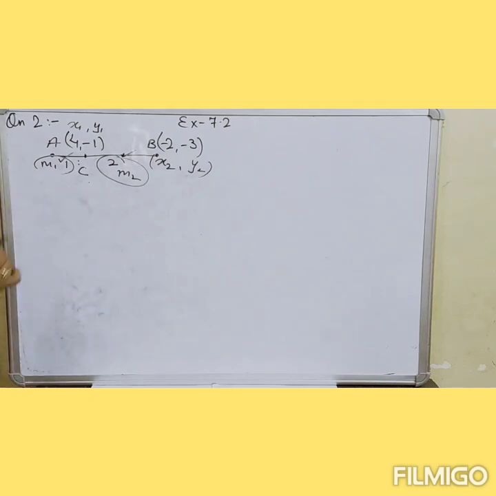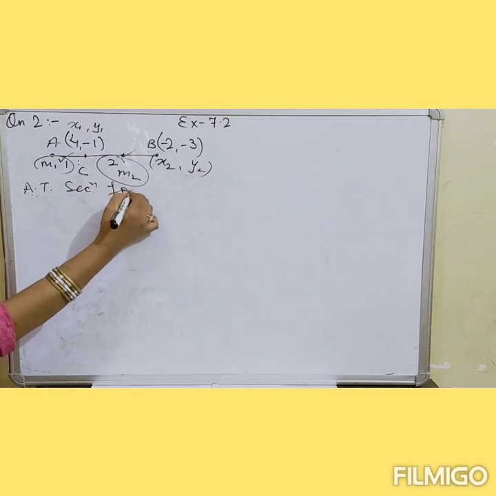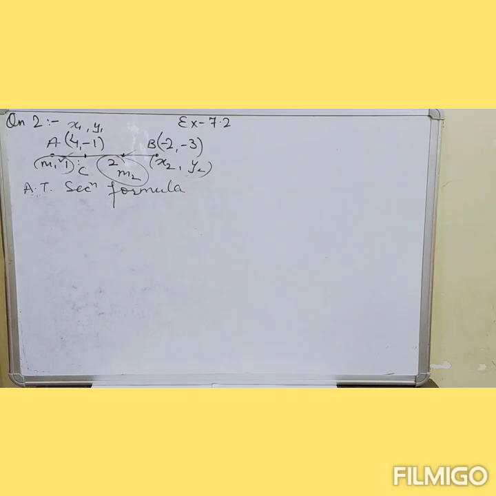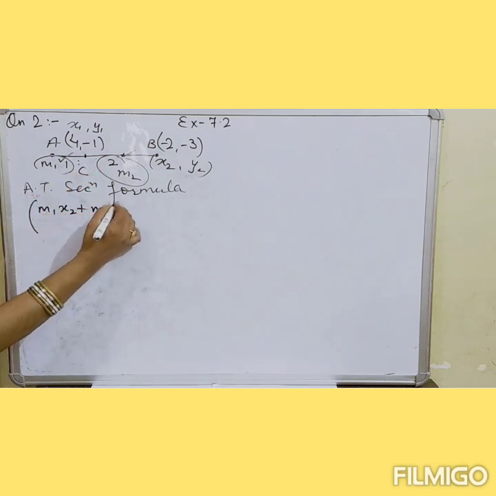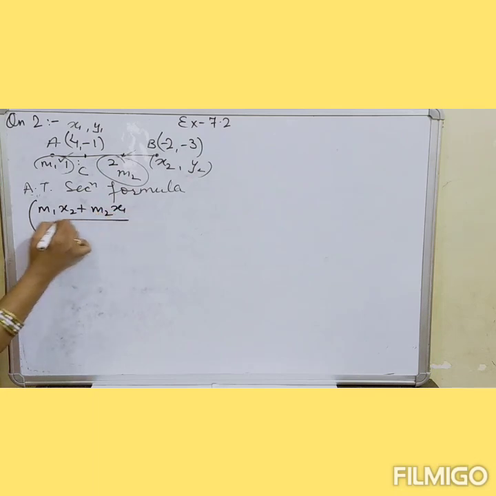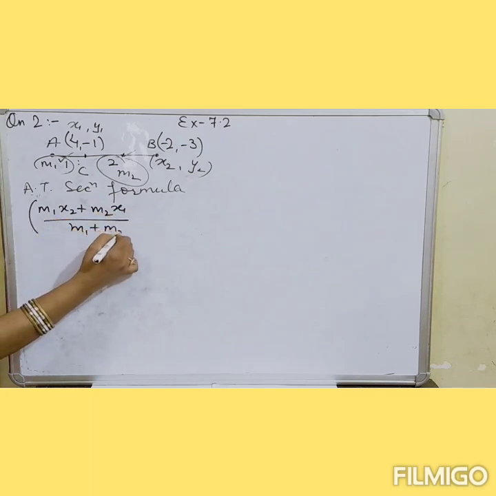So I'm writing here the section formula. What is this section formula? According to section formula, if the ratio is m1:m2 and the coordinates are x1, y1, x2, y2, then the point C must be equal to m1 x2 plus m2 x1 upon m1 plus m2.